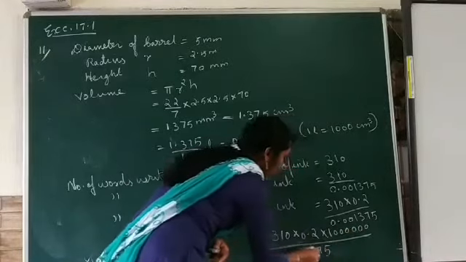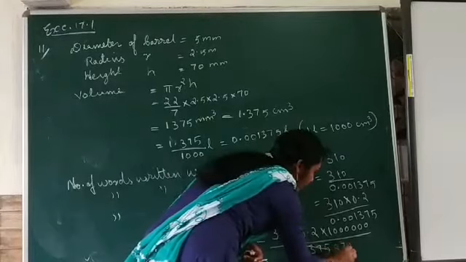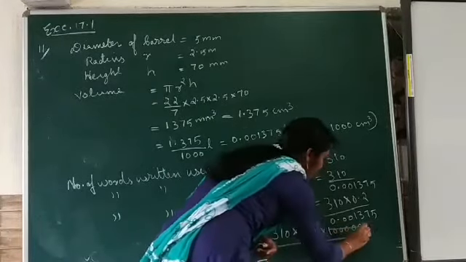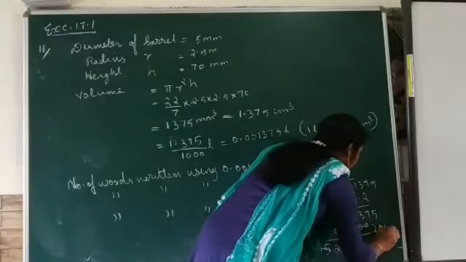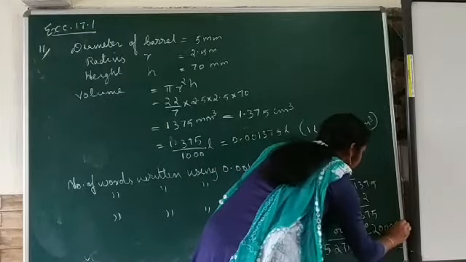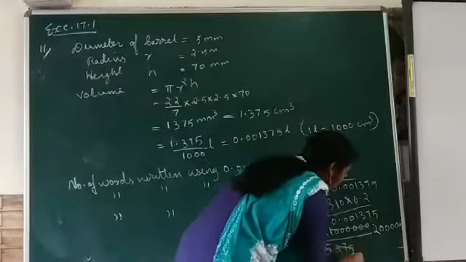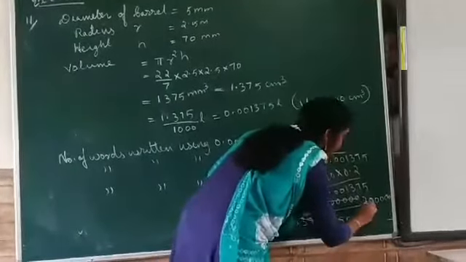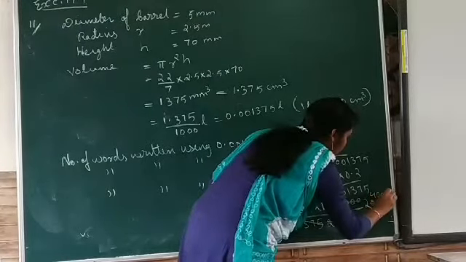Now by calculating this, so here we can cancel by 5, here we get 275 and here we get 2 lakhs. Again by 5 we get 55 here, here we get 40,000.